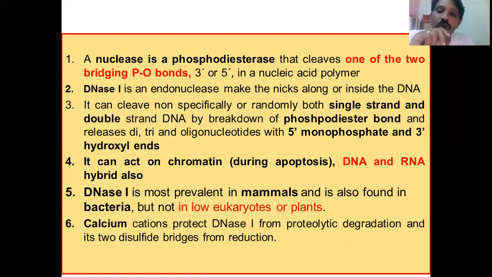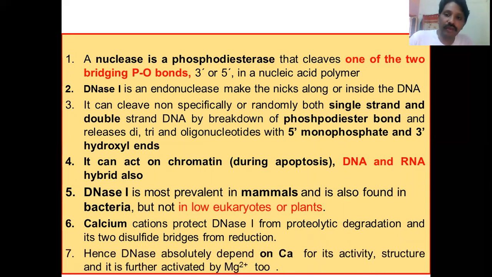So calcium is absolutely essential for DNase I, because it protects the enzyme from proteolytic degradation and also protects its two disulfide bridges. Hence, you cannot imagine DNase activity in the absence of calcium.